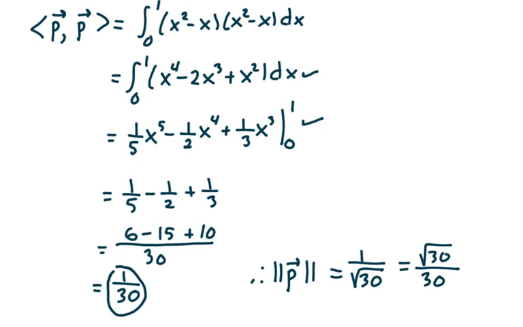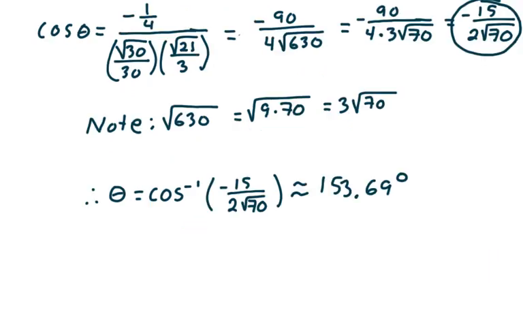That's 1/5 minus 1/2 plus 1/3, which is essentially equal to 1/30. But remember that I want the norm of p, which means I have to take the square root of 1/30, which is 1 over the square root of 30, and then if I rationalize the denominator, I get square root of 30 over 30.